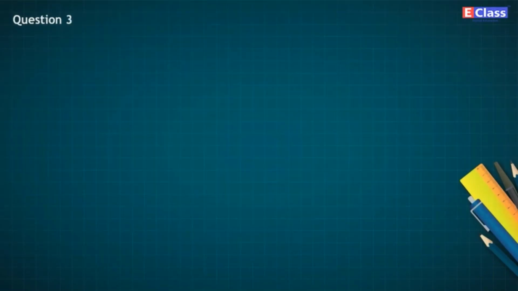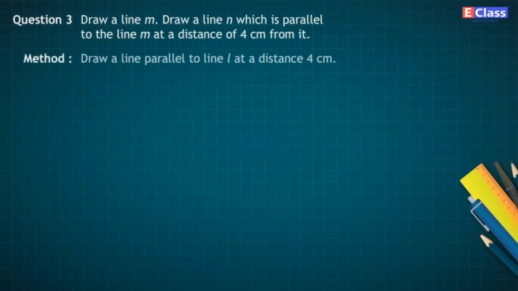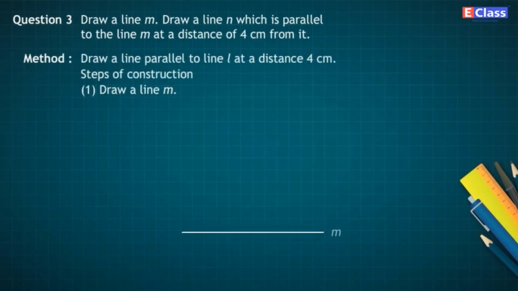Question 3. Draw a line M. Draw a line N which is parallel to the line M at a distance of 4 centimeters from it. Method. Draw a line parallel to line L at a distance of 4 centimeters. Steps of construction. 1. Draw a line M. 2. Take 2 points A and B on the line L. 3.